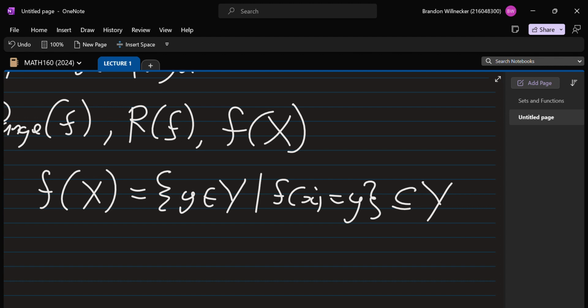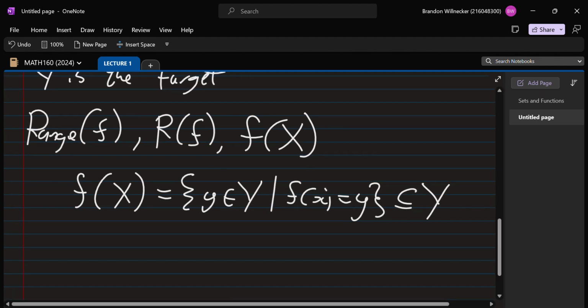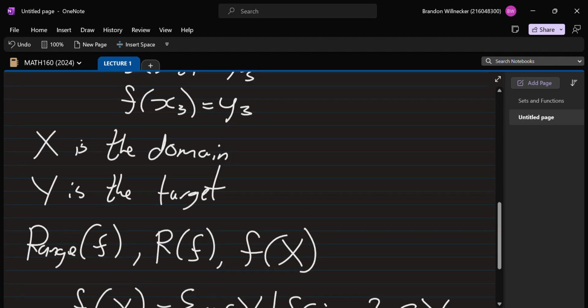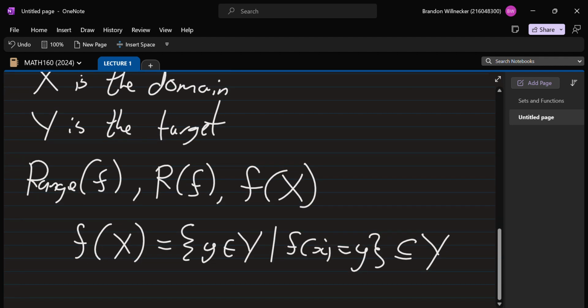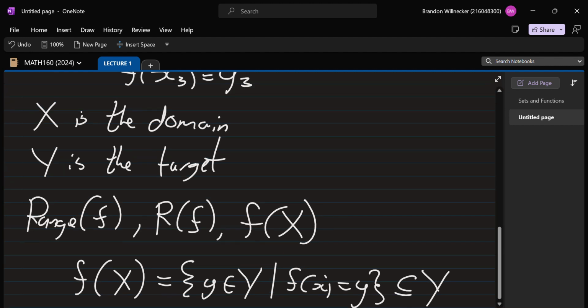Does that make sense? So we see that the range is a subset of the target. This is the fundamentals of functions. If you do not understand this bit, when we move on, you're going to have some fundamental mismatch going on. Please make sure that you understand this before we get into the technical stuff.